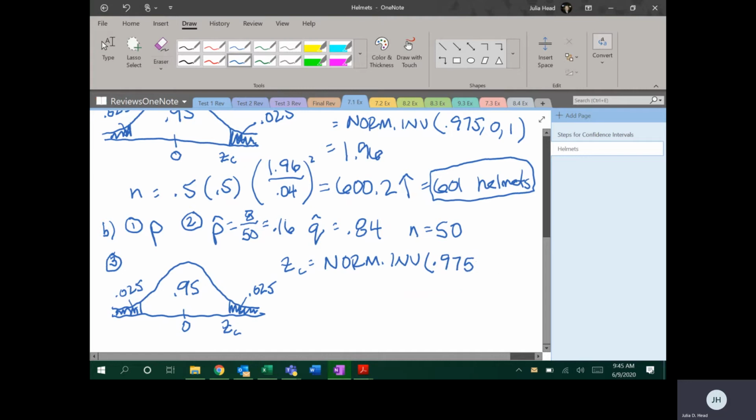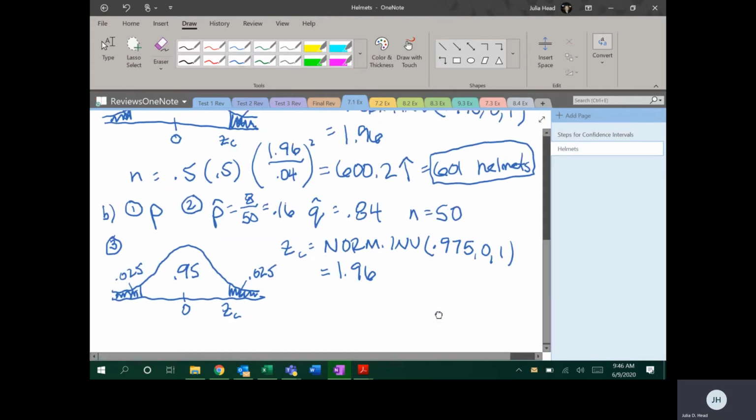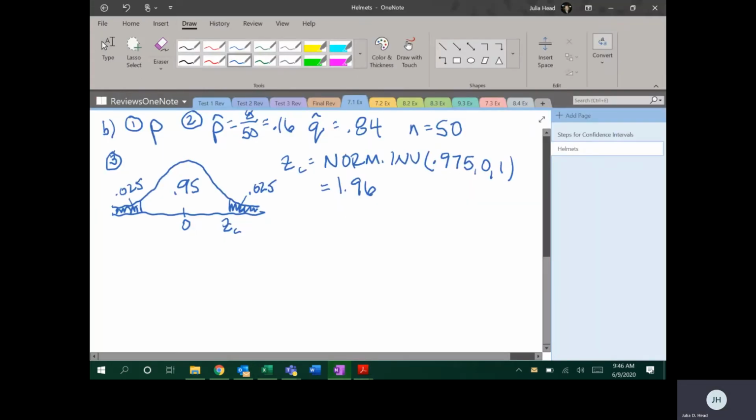If I don't use the S, I got to use the 0 and the 1. Okay. Step 4 is to find my margin of error, which we now have everything we need for that formula. And I didn't, yeah. So step 4.